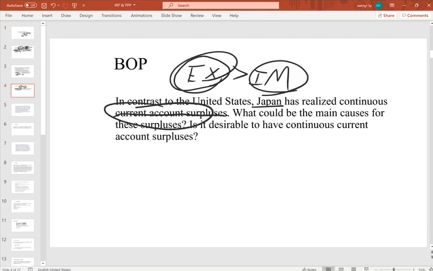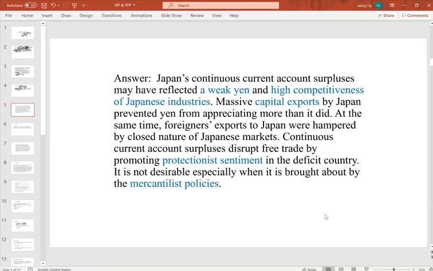So let's look at what the main cause of a trade account surplus is, and what the consequence is if the trade surplus continues to happen to this country. First, how can you sell something more competitively than other countries?